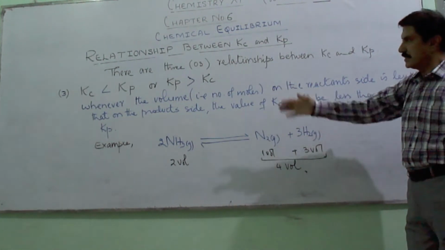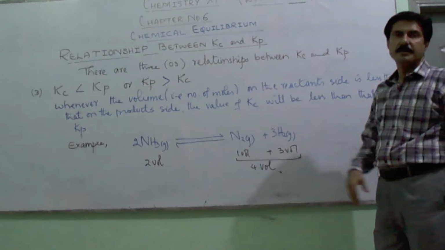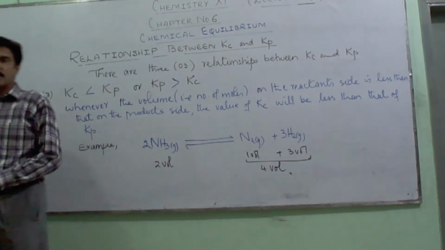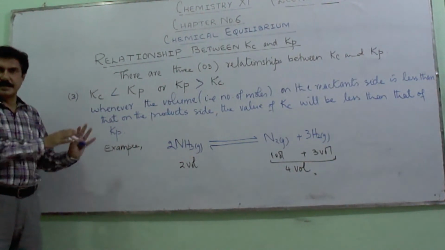So I must discuss here, if a reaction comes in your exam, any reaction, and the value of Kc for the reaction will be given to you, and you will be asked to calculate the value of Kp for that particular reaction.